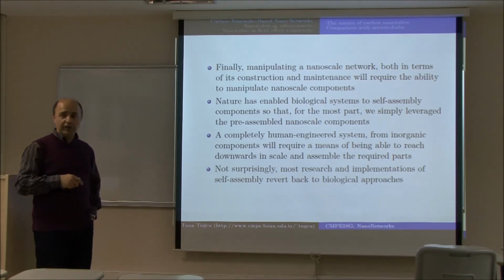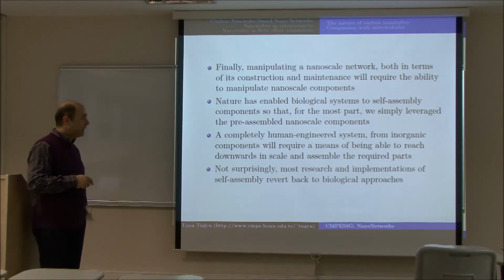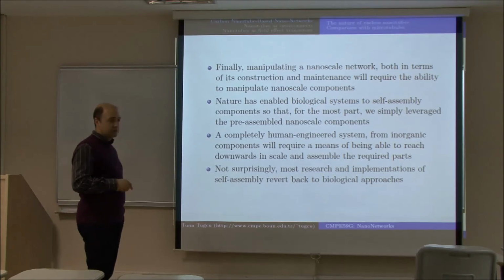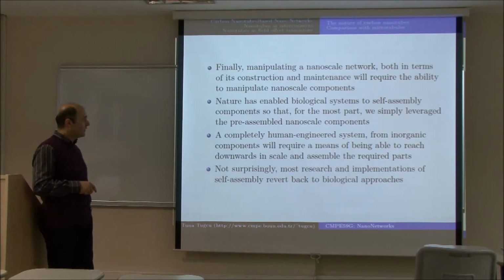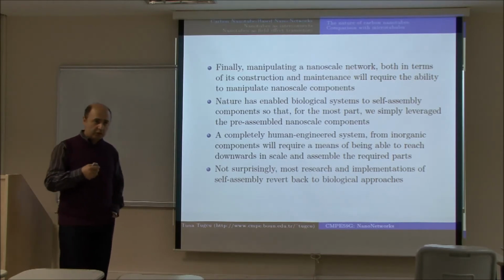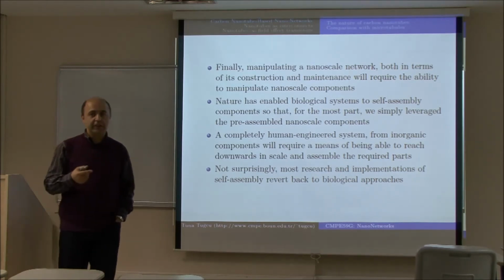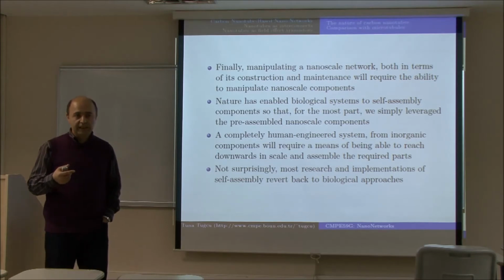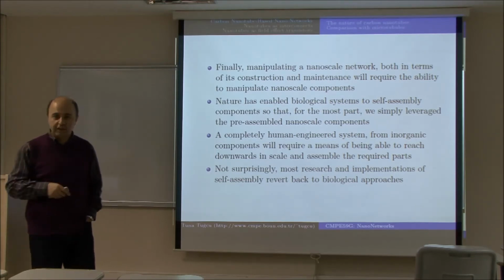So nature has already enabled us with these biological systems which can do self-assembly of the components. That's very important because once you construct such an engineered cell, for example, it can reproduce and produce many of those nanoscale devices.